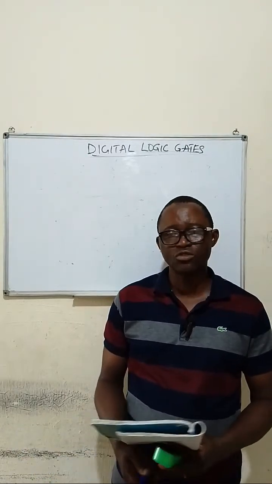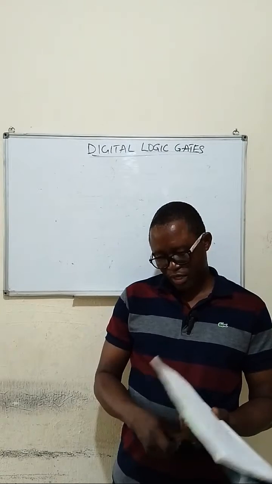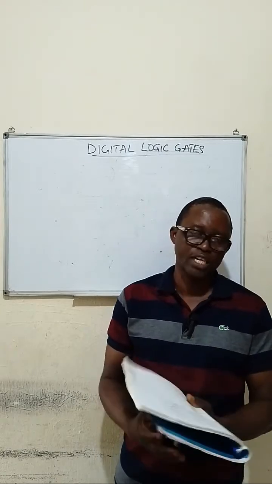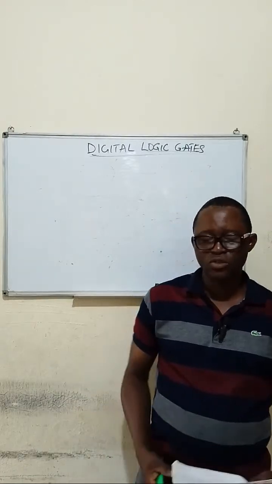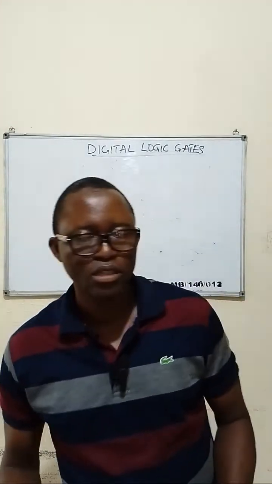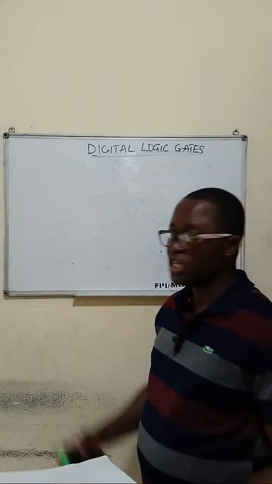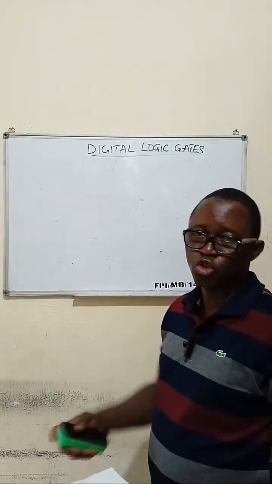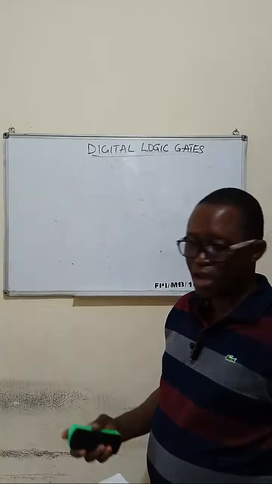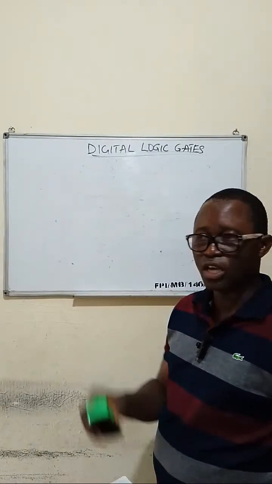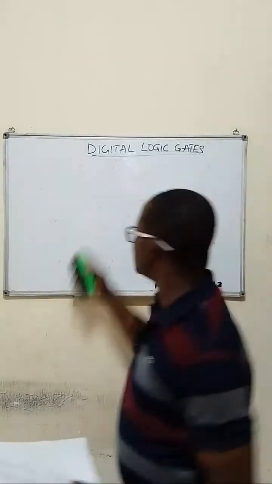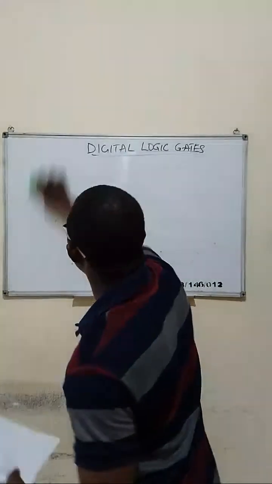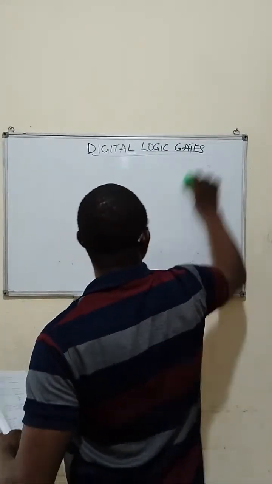Apart from that, you will also have less space used on your circuits. And lastly, your circuit consumes less energy. Each logic gate consumes power to operate. So when you simplify your circuit, you have fewer logic gates, and that means reduced power consumption. Alright?